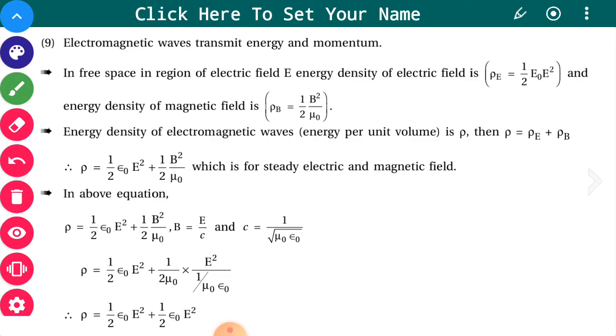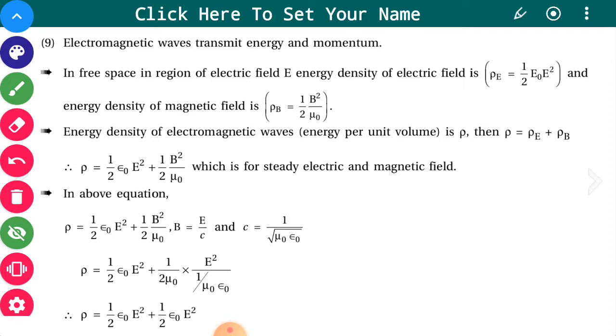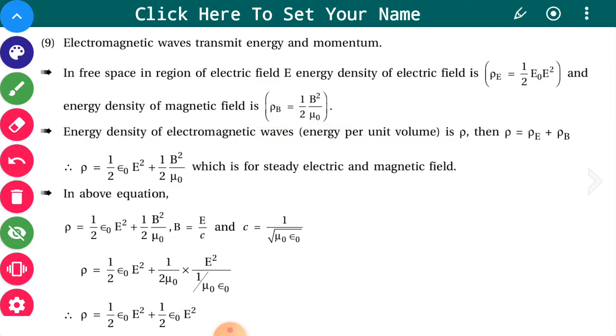As you know, electric field vector is there, a magnetic field vector is there, and energy density of electric field and magnetic field we know it is 1 by 2 epsilon 0 E square, and the other one is 1 by 2 B square upon mu 0. So total energy density will be the sum of these two: 1 by 2 epsilon 0 E square plus 1 by 2 B square upon mu 0.